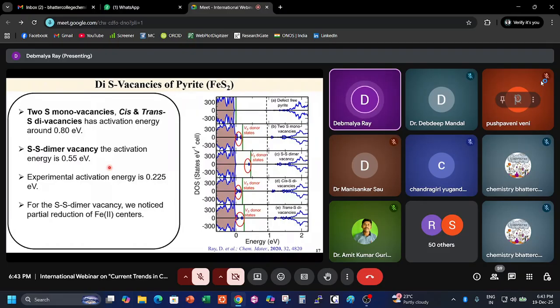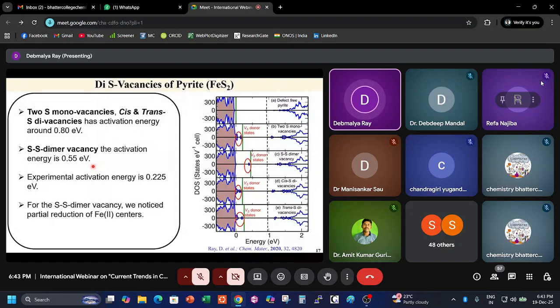Remember, the experimental activation energy was 0.23 eV, and we are getting an activation energy of 0.55 eV, which is still a little bit far off, but we are getting close. We also found that for the sulfur-sulfur dimer vacancy, there is a partial reduction of the iron 2+ centers. So that is good. It shows that sulfur-sulfur dimer vacancies may be one of the possible ways to explain this, but we are just talking about possibilities.